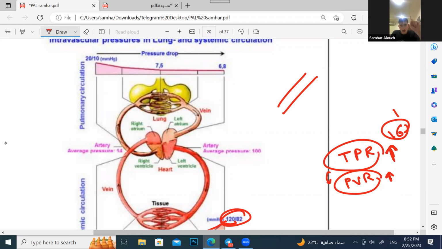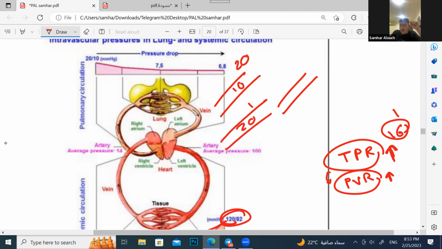It's regulated through something called transmural pressure. What is this? It's the difference of pressure between the lung and the pleural space, okay? If the pressure inside the artery in the lung is 10, and outside it's like 20, this difference will cause the artery to constrict. But what if it's opposite?